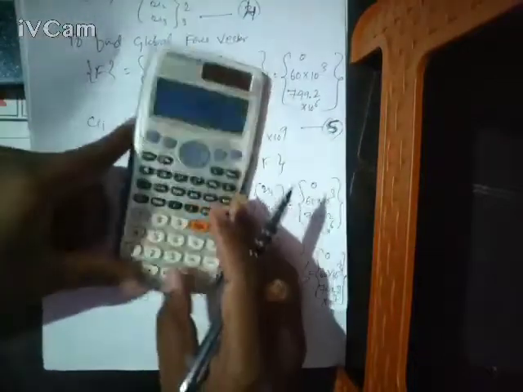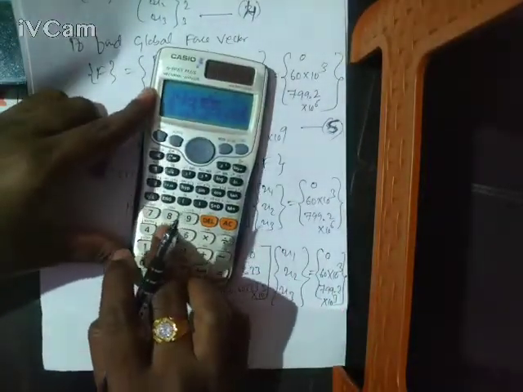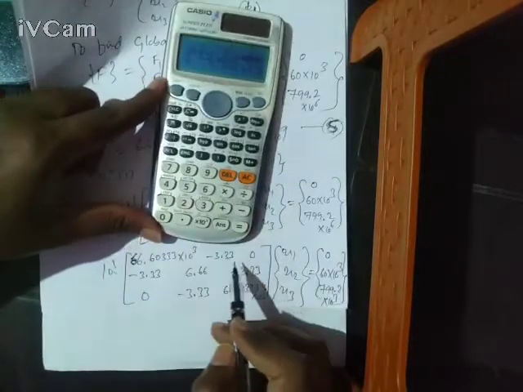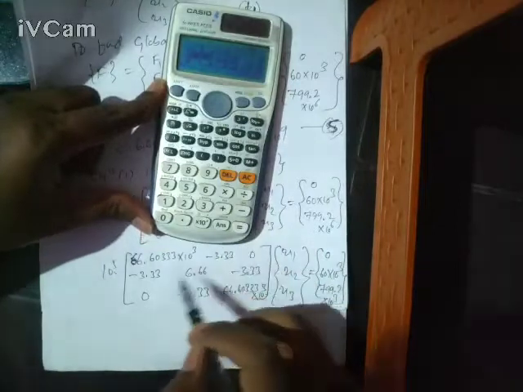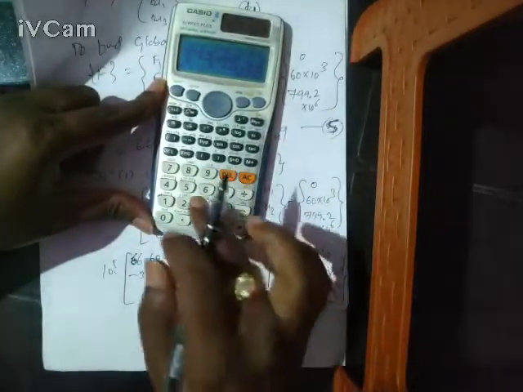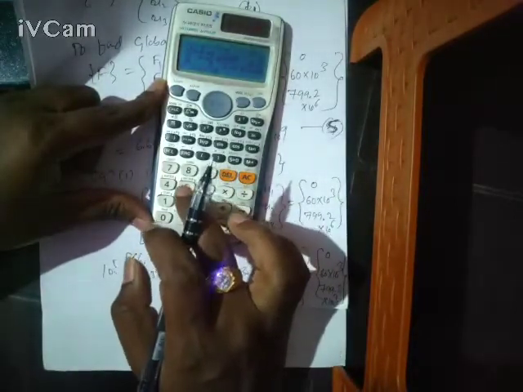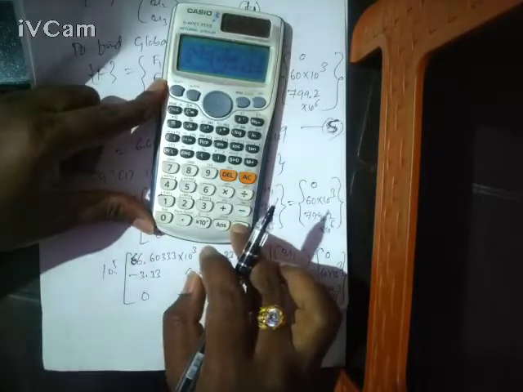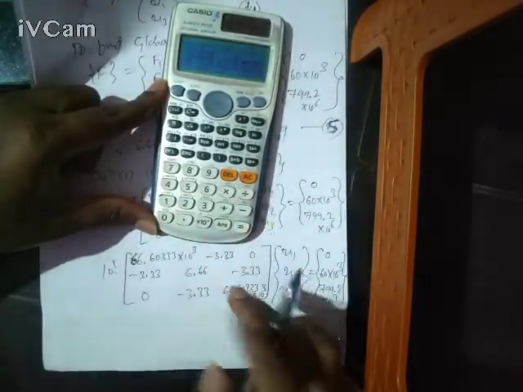The second one is minus 3.33 into 10 to the power 5, then 6.66 into 10 to the power 5, okay, so minus 3.33 into 10 to the power 5, fine.